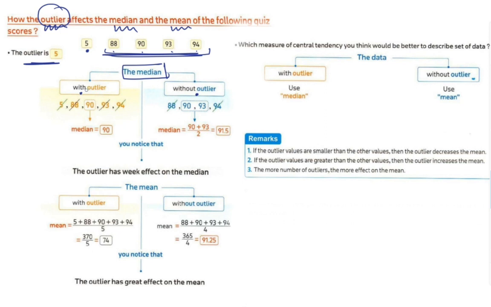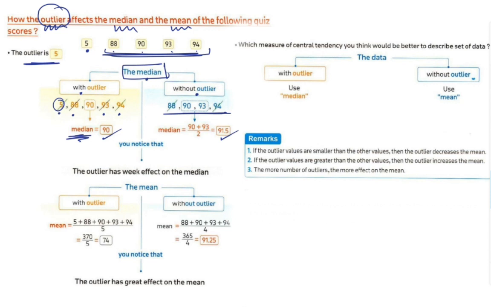First case, with the outlier. To find the median, I will delete one from right, one from left. You find that the median equals 90. But if you delete this 5 and work with these 4 values, you will find the value is 91.5.